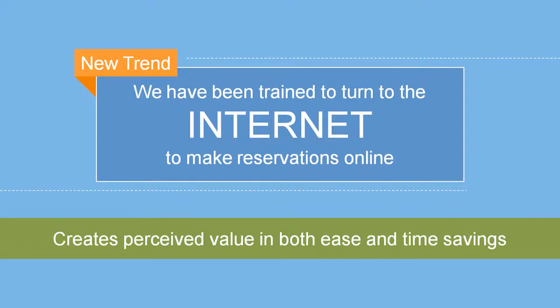So there's this big trend where a lot of consumers are being trained to turn to the internet to make these reservations online. So first, just having that online booking is a very important part of maintaining success. It creates the perceived value in the consumer's eyes for ease of use, time savings, and convenience.